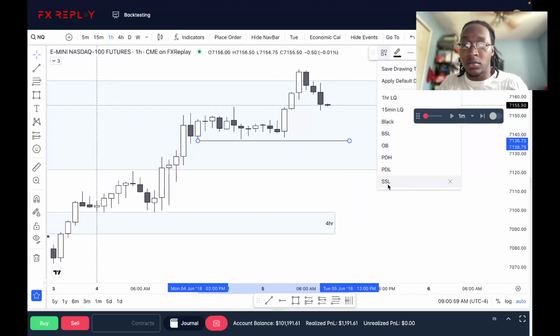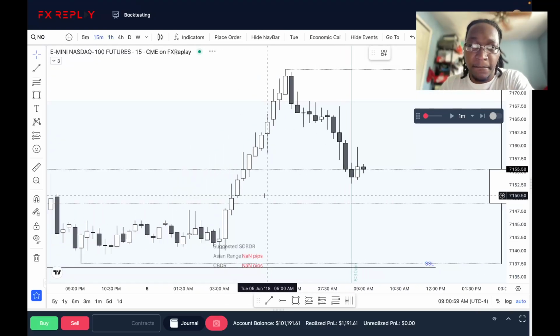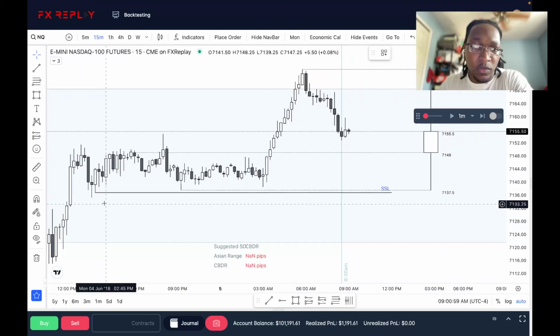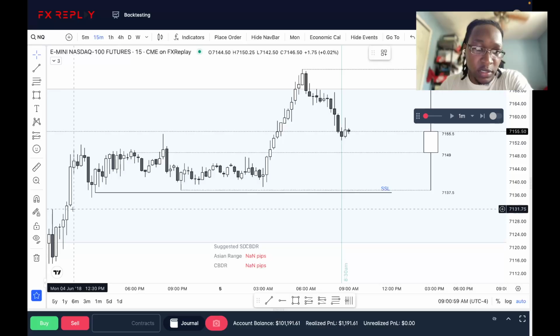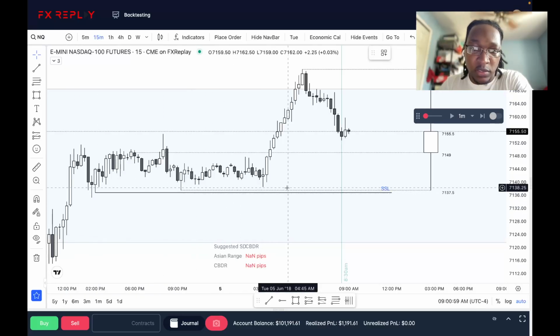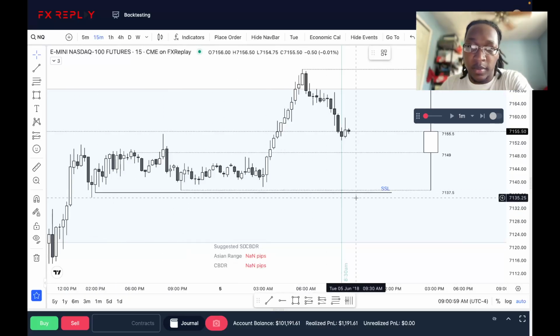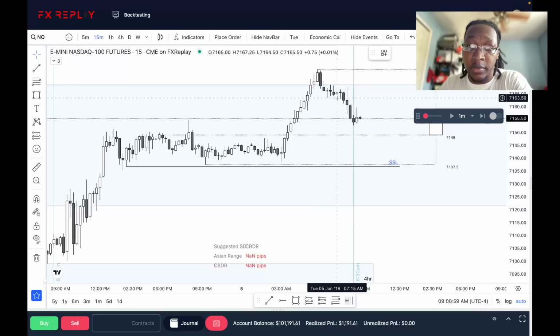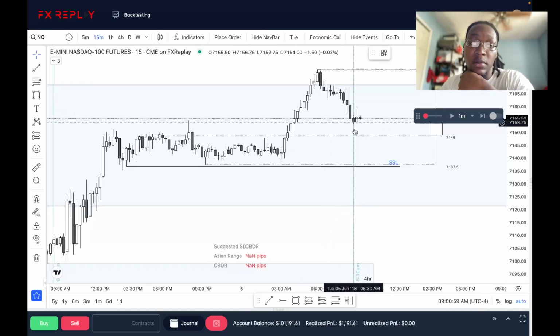This is sell side. Yeah, see this gap here and this gap here. Run this sell side liquidity into the gap. So what we may be able to see is price come down into that.